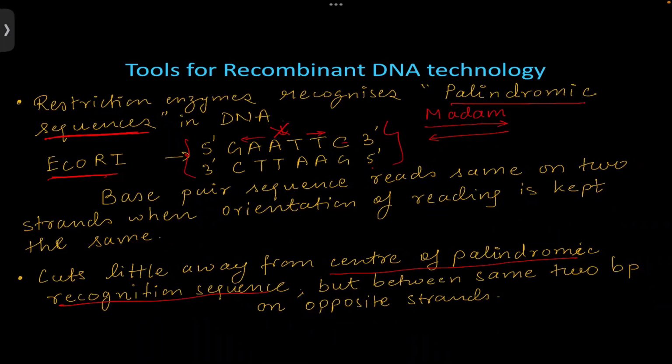But wherever it cuts, that point is the same for both the DNA strands. So if EcoR1 cuts between G and A in the strand that is running from 5' to 3' direction, then in the second strand, which is running from 3' to 5' direction, here also the EcoR1 will cut between G and A. This point of cut is the same for both the DNA strands, but it is a little away from the center. That's it.